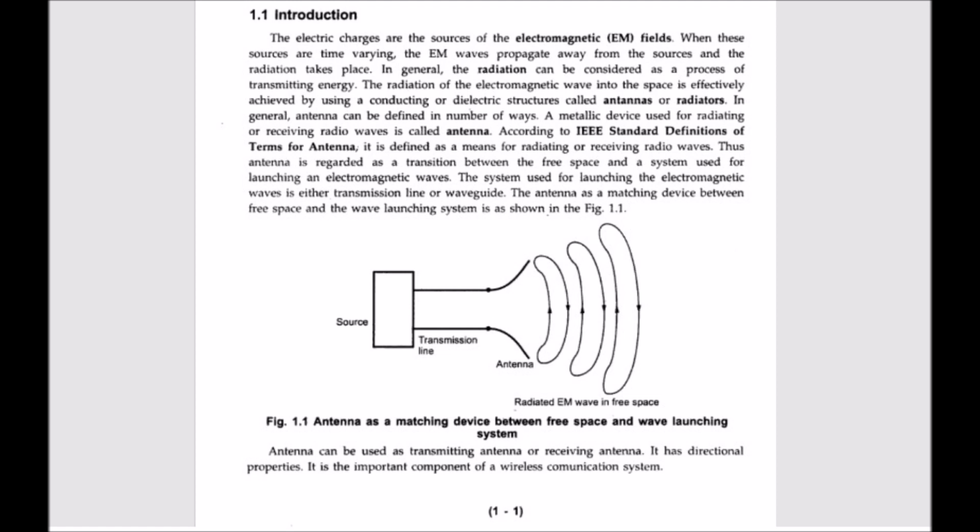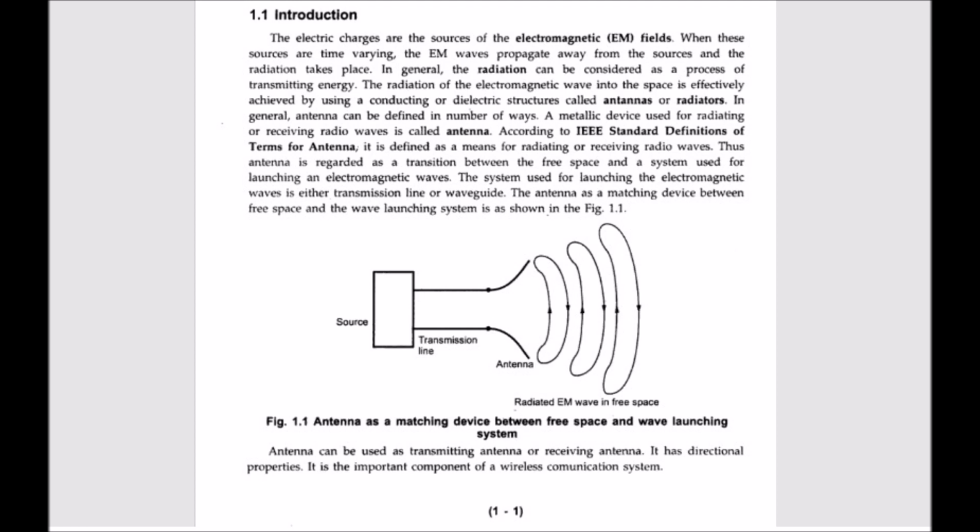A metallic device used for radiating or receiving radio waves is called antenna. According to IEEE standard definitions of terms for antenna, it is defined as a means for radiating or receiving radio waves.